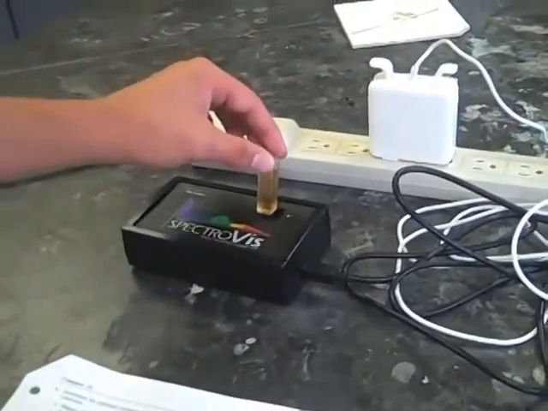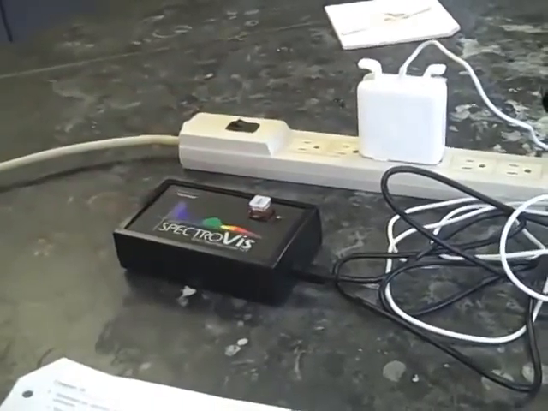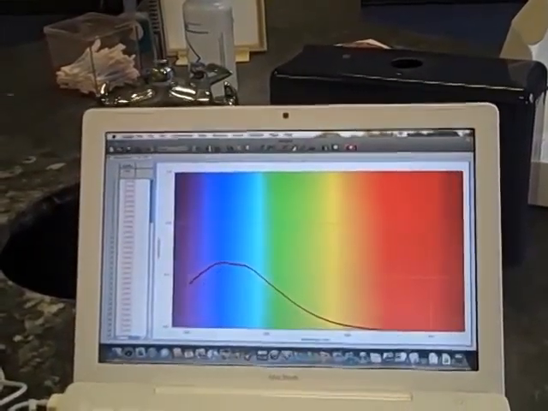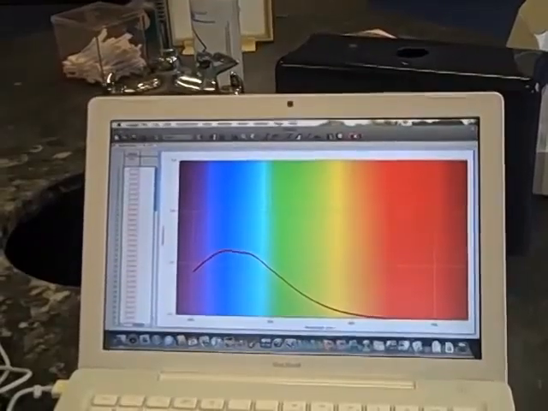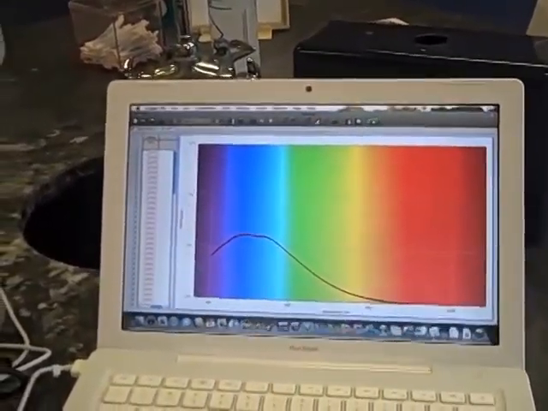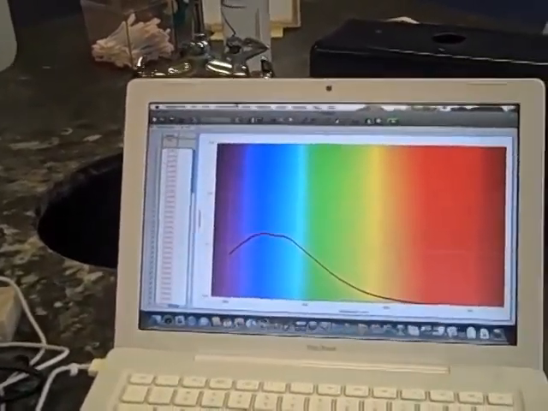Okay. So putting 1 in, and now hit collect, which is a green arrow, and it should make a graph. And now, after the graph comes up, you can press stop, and you want to store this because this is going to be the basis for the rest of your experiment.